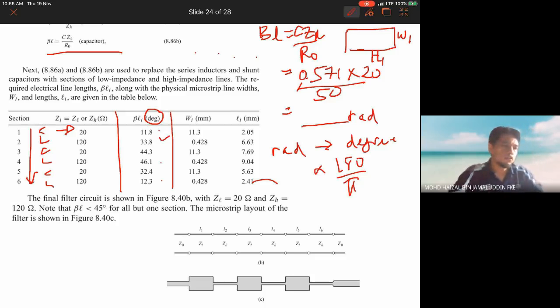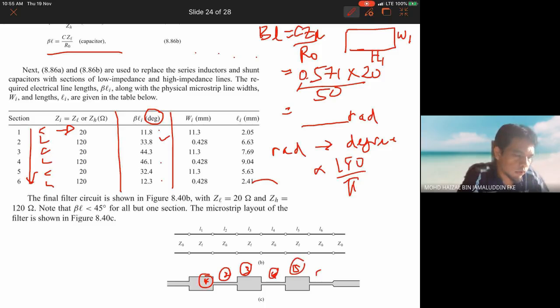And here, you keep on counting for the other impedances for inductor, capacitor, inductor, and we are able to draw the microstrip layout. So here is the microstrip layout, which represents section number 1, section number 2, section number 3, section number 4, 5, and 6.